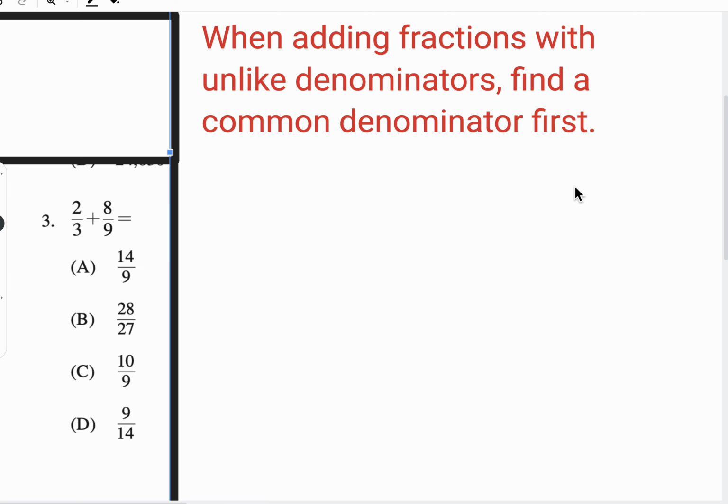Number 1, we can use the butterfly method, where we are going to multiply three times 8. Let's write that out to the side here just above. 3 times 8 is 24. And now let's multiply 9 times 2. 9 times 2 is 18.